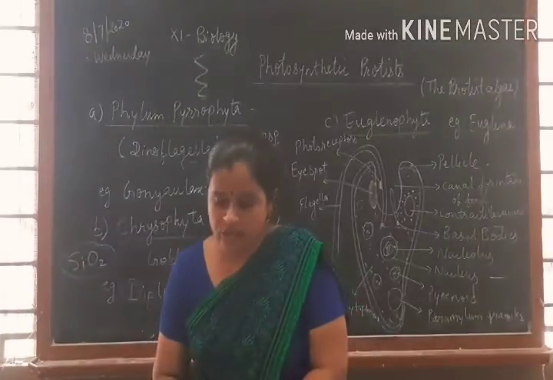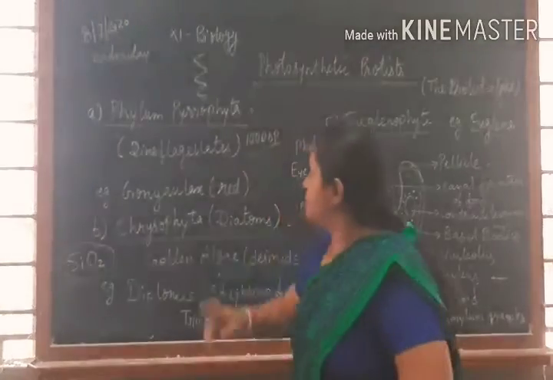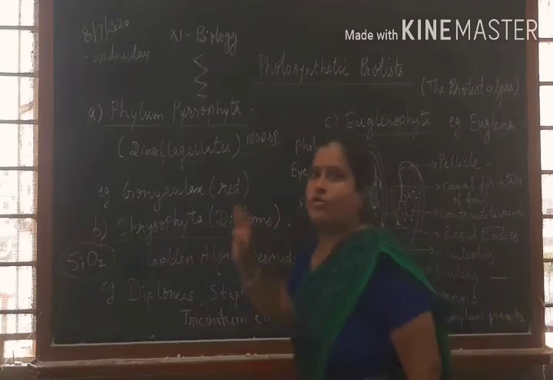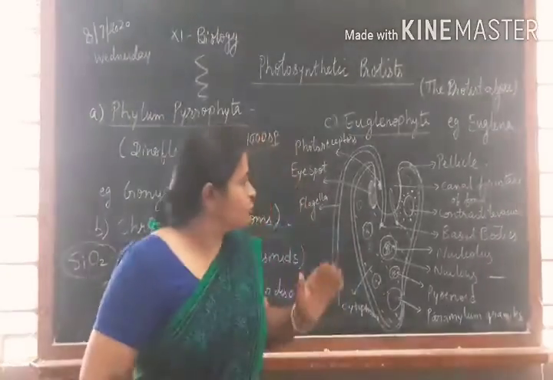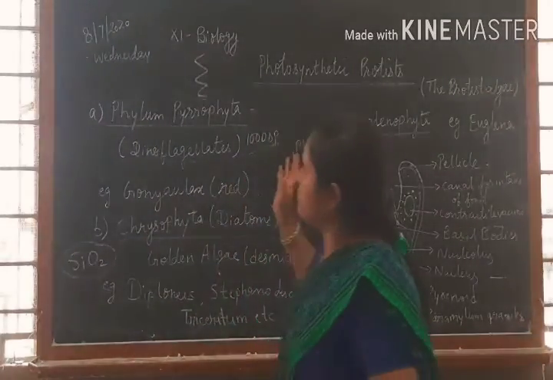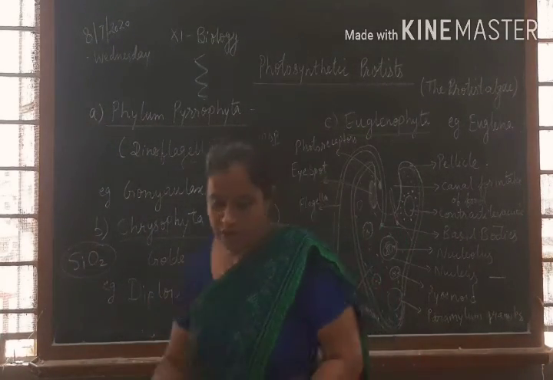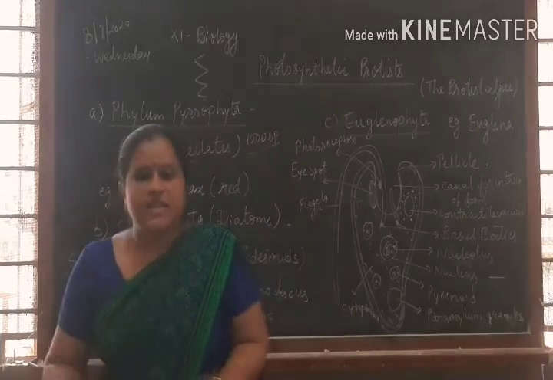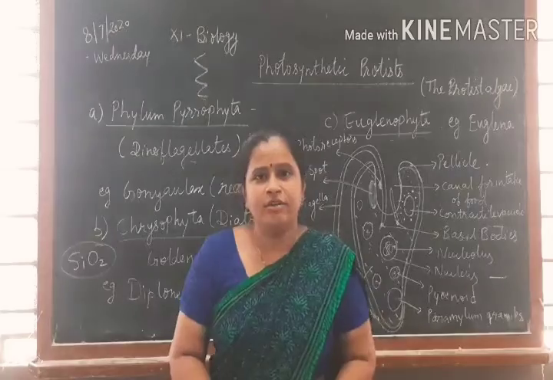So look students, this is about Pyrrophyta, Chrysophyta and Euglenophyta. Today we have completed photosynthetic protists, the three divisions. Next time we will go for the slime moulds. Okay students, thank you so much.